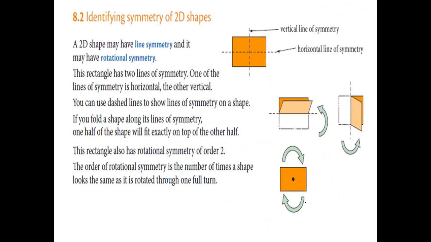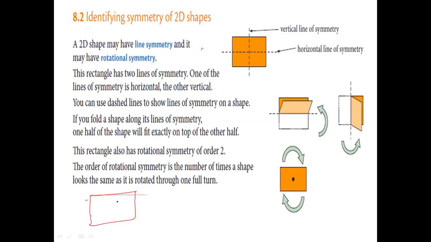What are 2D shapes? What is identifying symmetry of 2D shapes? Symmetry, as you know, if we have a shape like this, for example, this shape is called a square. Square is 2D, and the rectangle is also 2D. I'm writing here, follow me, please.